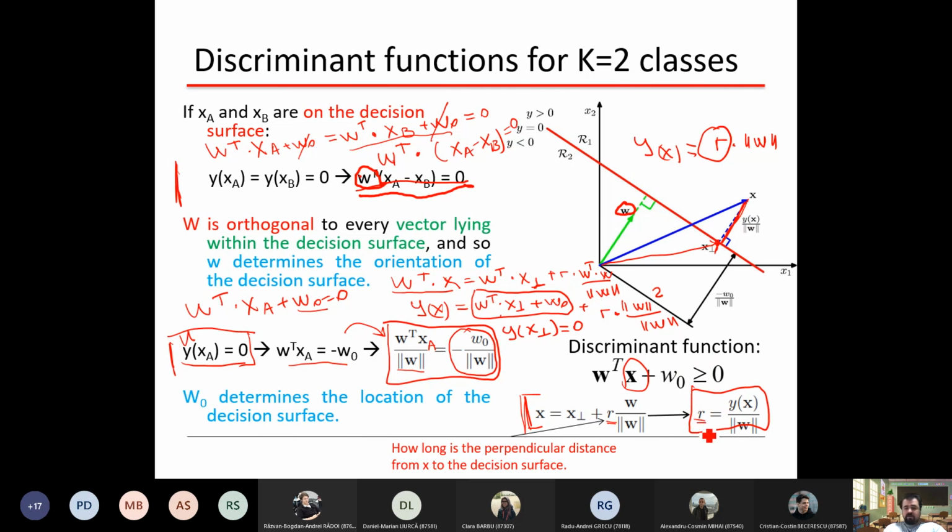If it's positive, then it will be in class C1. If it's negative, then it will be in class C2. Okay? Make sense? And I showed you that the value of r is simply the value of y of x divided by the norm of w. Okay.